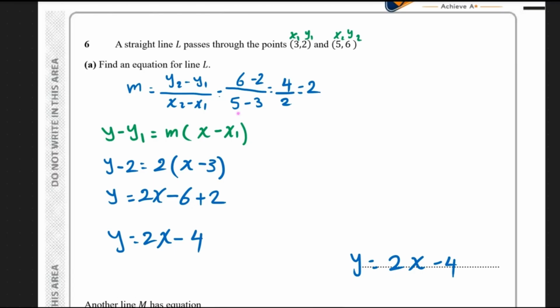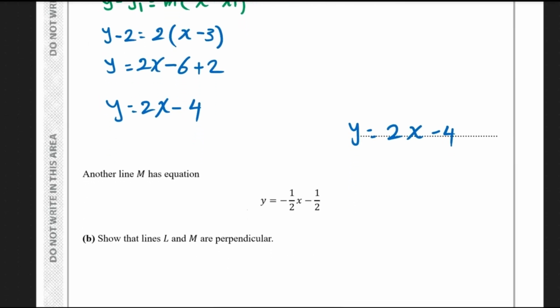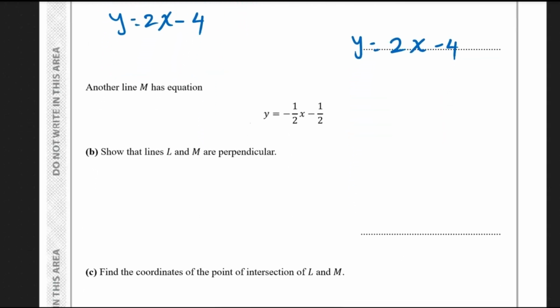Then move to the second part of this question, telling you another line M has equation y = -1/2 x. We know this pattern is the same as y = mx + c, so m here is the gradient, minus half.